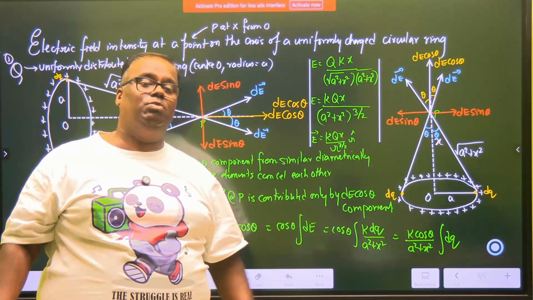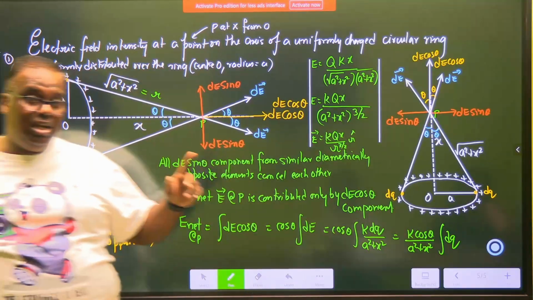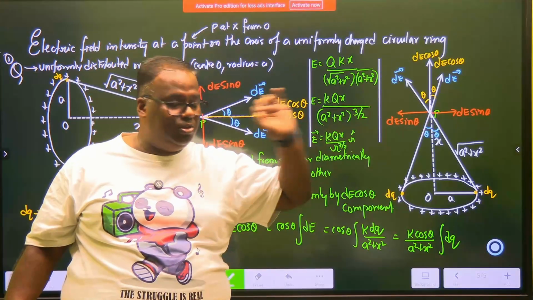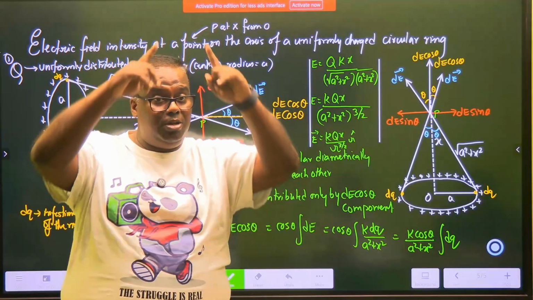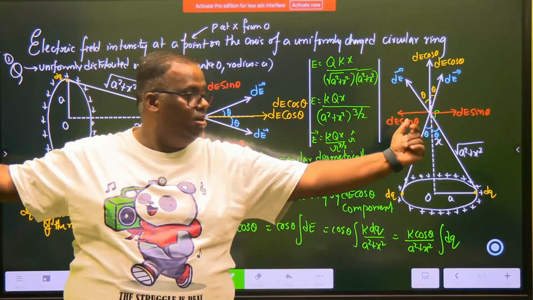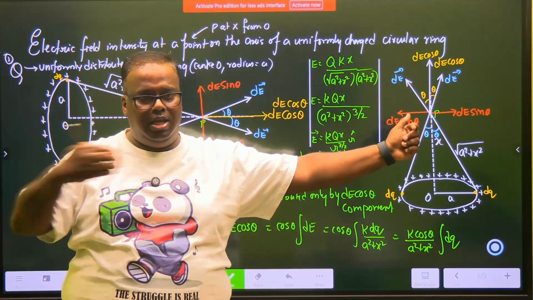Our next topic would be, what is an electric dipole? And then we will find out what is the electric field intensity at a point on the axis of the dipole, and at a point on the equatorial plane of the dipole. A dipole is something like this: plus q, minus q, separated by 2a, with a on each side of the center.